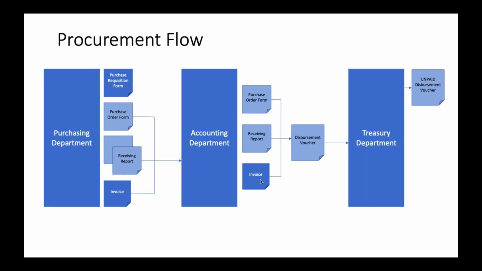Now, the Treasury Department will sort out the disbursement vouchers into unpaid and paid vouchers. Of course, for the unpaid vouchers, they will prepare a check for it to be paid. And then kapag meron ng cheque and the supplier already picks up the check from the Treasury Department, they will mark the disbursement voucher as a paid disbursement voucher.